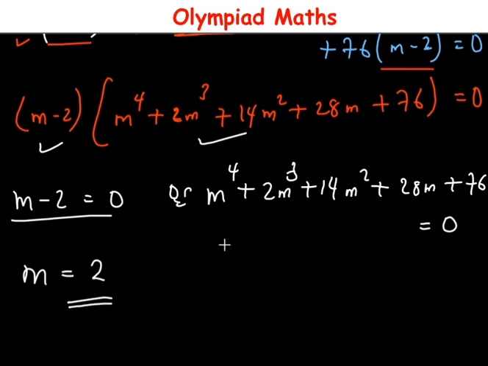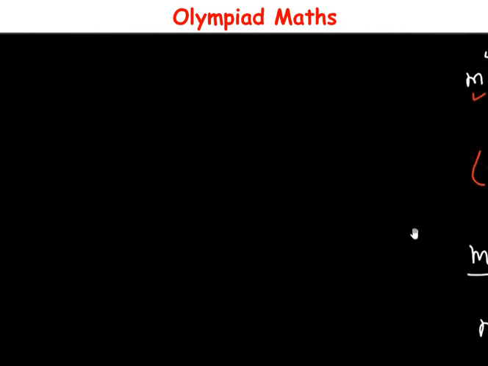Now looking at this equation, we can see that we all have positive sign in this equation. So this can't be true for this equation unless m is less than 0. So we are going to reject this equation such that we work with m equals 2. So writing this down here, the value of m is equal to 2.